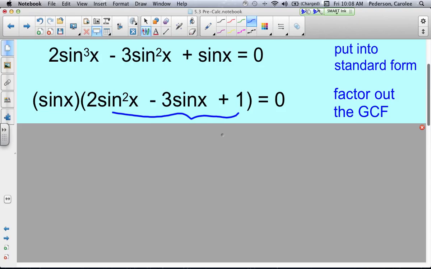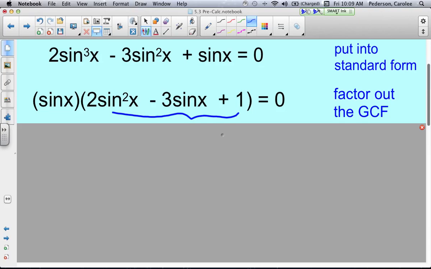So think of this as a trinomial. What are the methods to factor a trinomial? There's 2 of them. Chart, when the leading coefficient is 1. Is that true here? Or guess and check, or AC method. A lot of these are going to be pretty nice, so you may not even need the AC method.